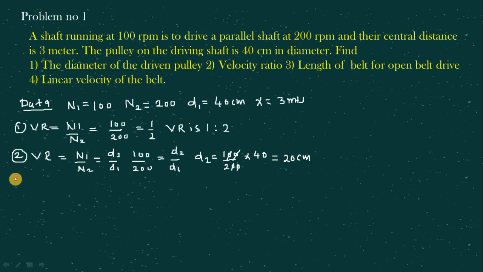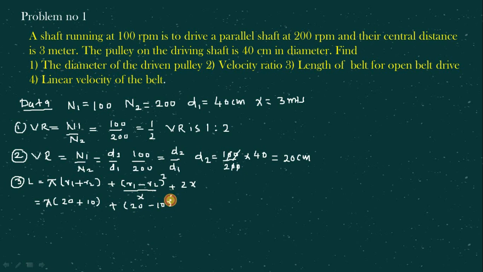Next is the length of the belt, that is L. We know the formula: L is equal to pi into (R1 plus R2) plus (R1 minus R2) whole square divided by X, plus 2 into X. So this is nothing but pi into... R1 is 20 centimeters. The diameter of the driven pulley is 20 centimeters, so its radius R2 is 10 centimeters. Plus (20 minus 10) whole square divided by 3 meters.